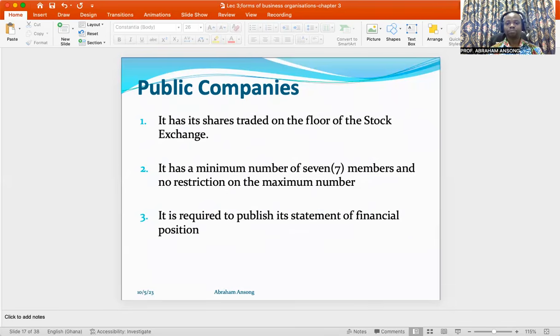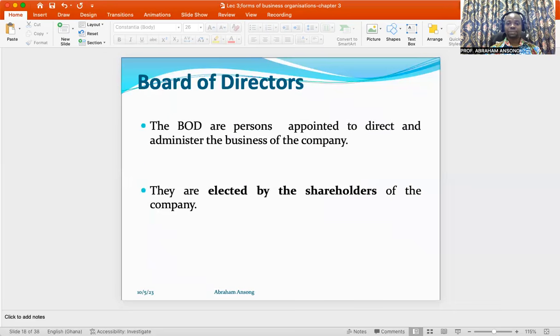Then it is required to publish its statement of financial position or financial statements annually. And this is very, very important. This explains why other restrictions may be placed on a private company, where members of the public may not have access to the financial performance of these companies.